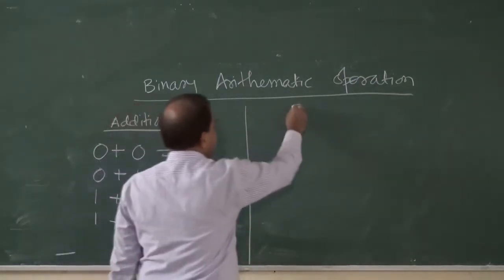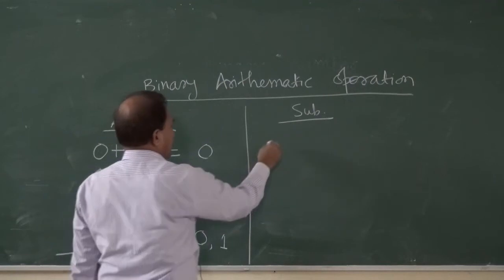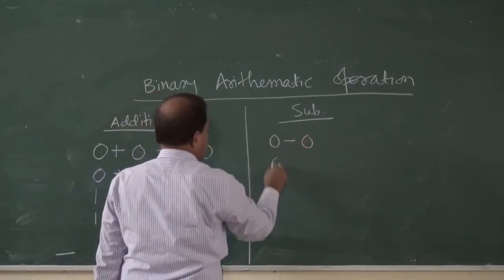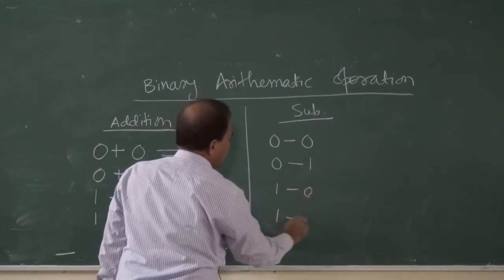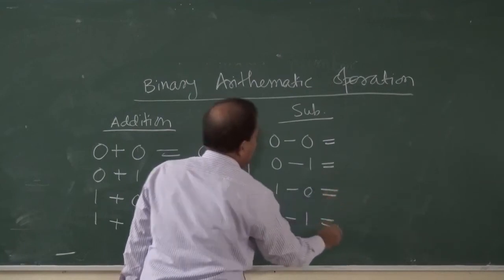Similarly in subtraction, first is 0 minus 0, 0 minus 1, 1 minus 0 and 1 minus 1. What will it be?